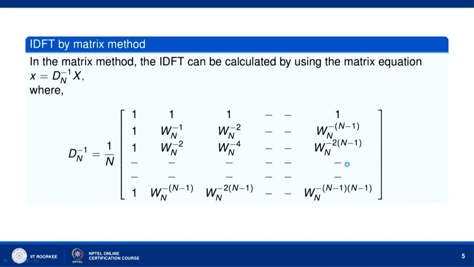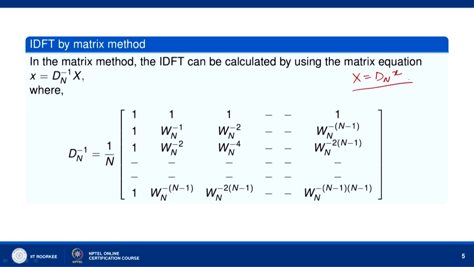Now, we had discussed in the first lecture on DFT how we can calculate the DFT of a given sequence by using the matrix method. Here also the inverse discrete Fourier transform can be determined by using the matrix equation x equal to D n inverse X. We had used the matrix equation X equal to D n x there.